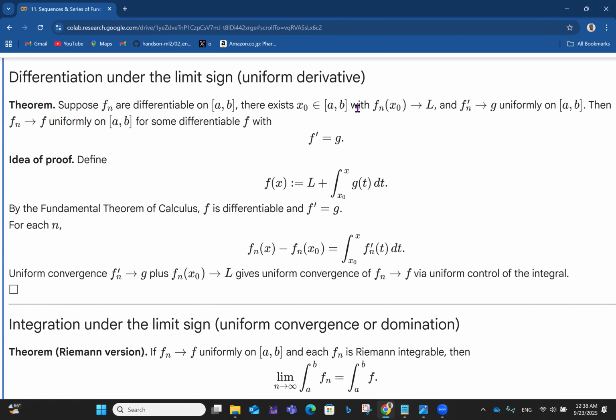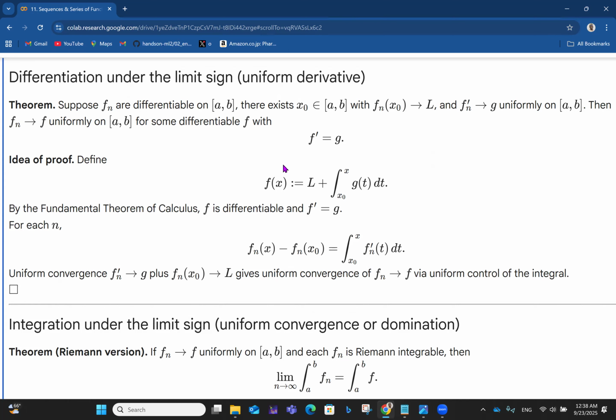There exists x naught belonging to a comma b with Fn of x naught approaching limit L, and Fn prime, the derivative of the sequence Fn, is approaching G uniformly on the closed interval a, b. Then we say that Fn actually approaches F uniformly on a, b for some differentiable F with F prime equals G, right? So the idea of proof is something like this.